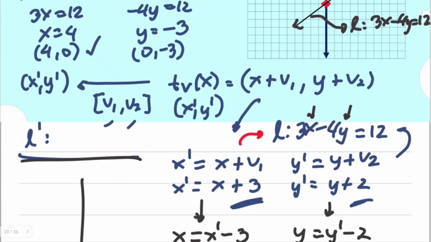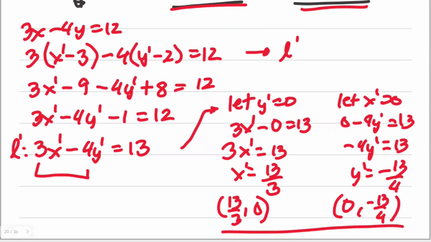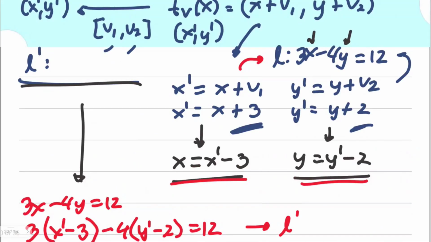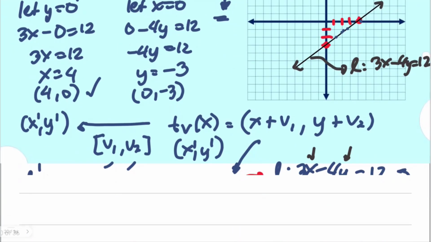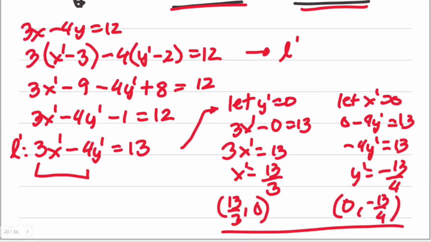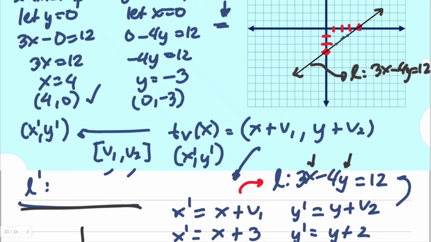So assuming that we can plot it carefully, 13 thirds is actually 4 and 1/3. So 4 and 1/3 is close to 4, but it's somewhere here. And 13 fourths is actually 3 and 1/4, so negative 3 and 1/4 is still somewhere here.